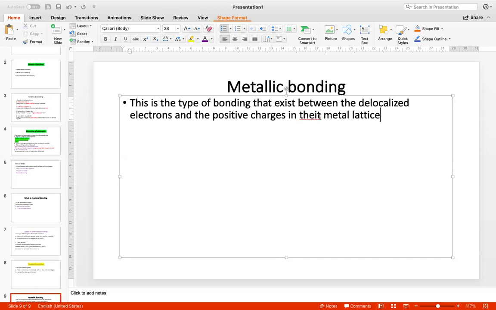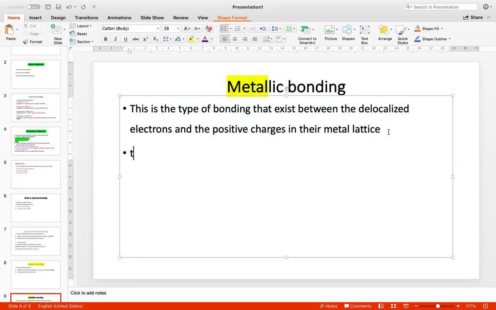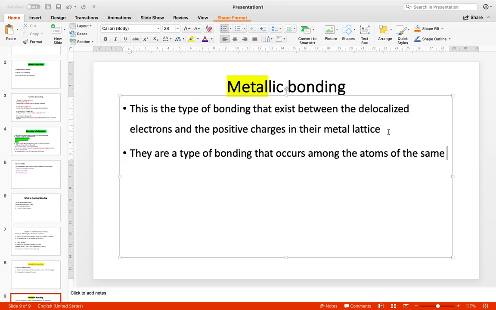So this is what is called metallic bonding. Metallic bonding, right from the name metallic, is a type of bonding that takes place between metals. It occurs among the atoms of the same element.